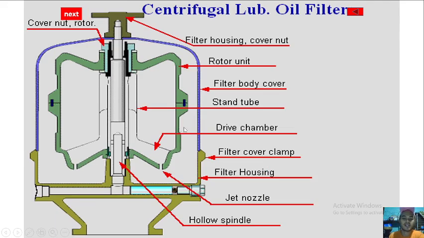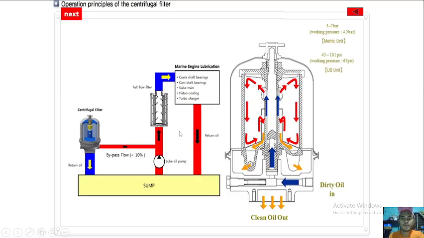So here are the parts. Its principle is that from the pump it goes to the full flow filter and to the parts of the engine, and some part of the oil is bypassed. 10% of the flow goes to the bypass flow, going to the centrifugal filter for cleaning.